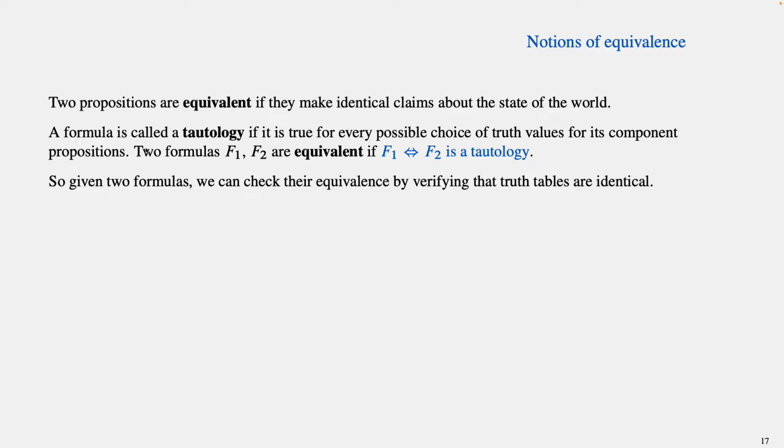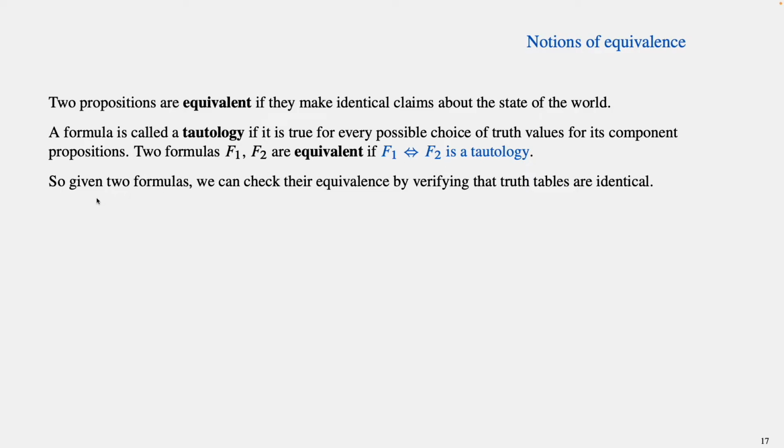Okay, so if I write down the truth table and I always get true no matter what the input values are. And then, with this idea of a tautology, I say two formulas, F1 and F2, are equivalent if the formula F1 equivalent F2 is a tautology.